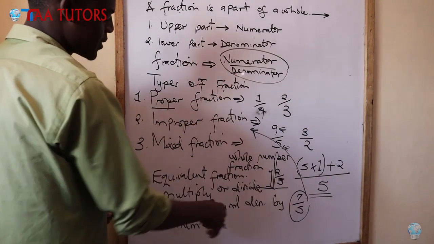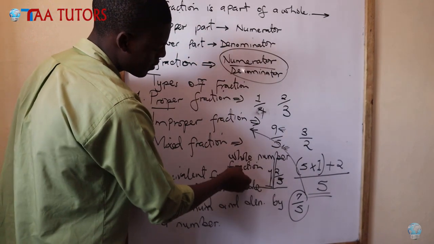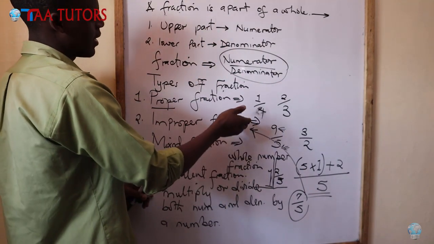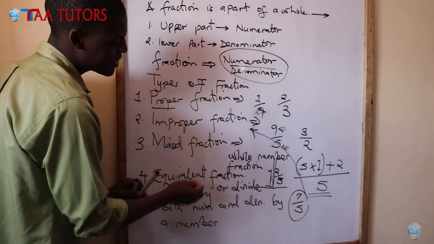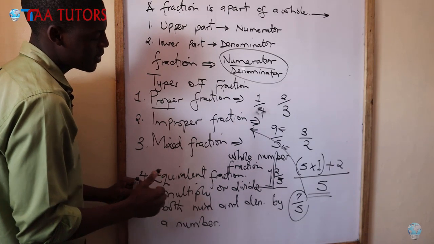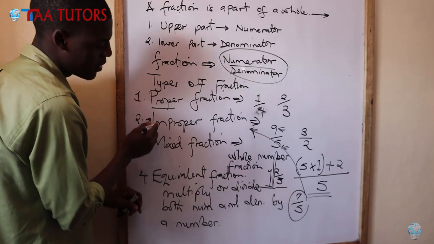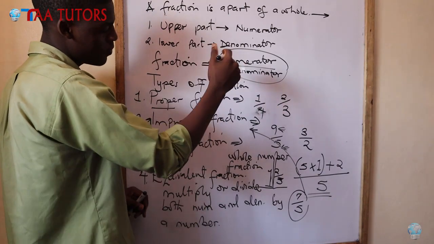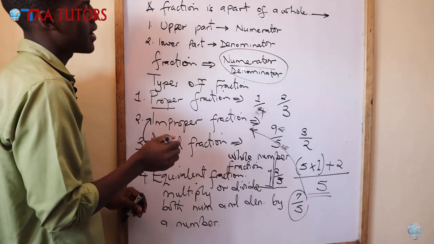We've seen these types. So when we talk of equivalent fraction, we can take a proper, improper, or mixed fraction, then multiply the numerator and the denominator, of which when we use a mixed fraction, we will convert it first. Then we multiply the numerator and the denominator by a number, or we divide the numerator and the denominator by a number.